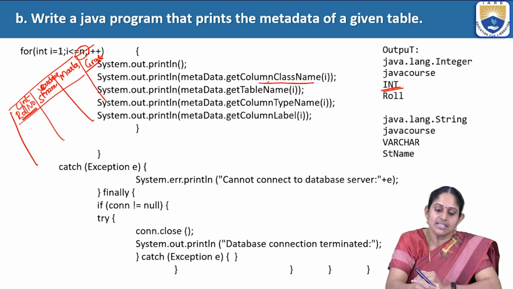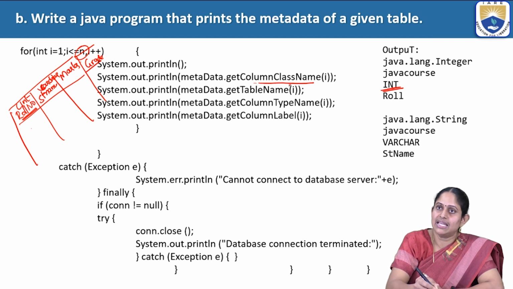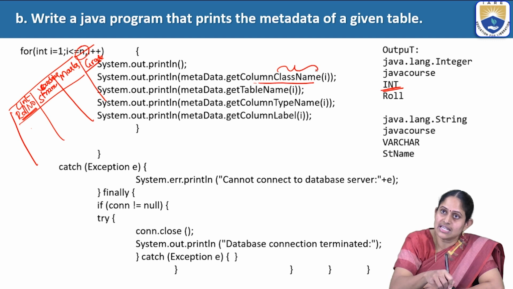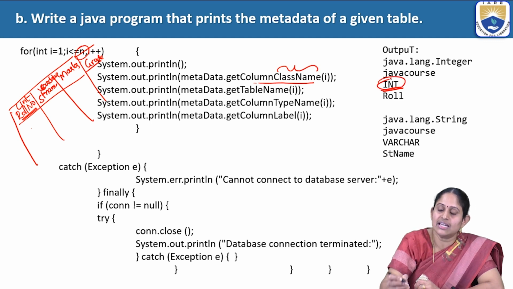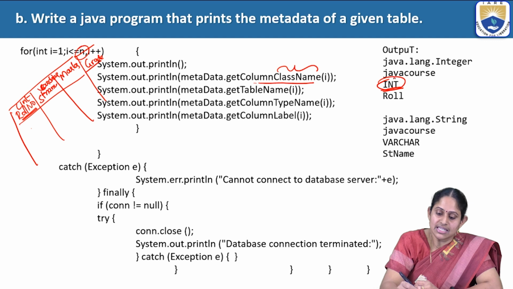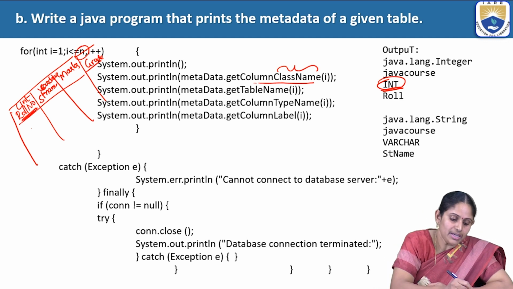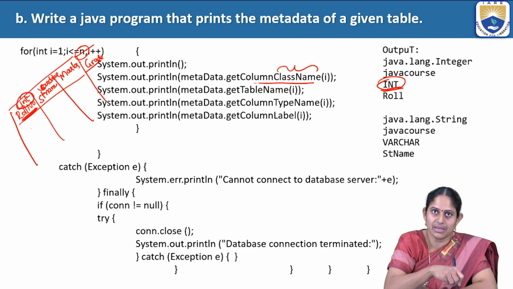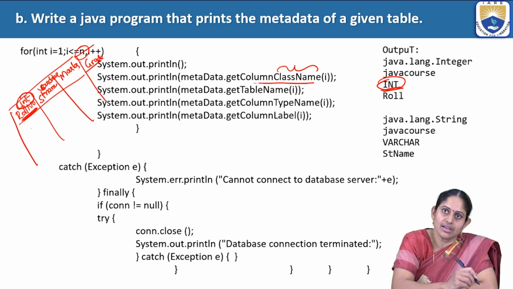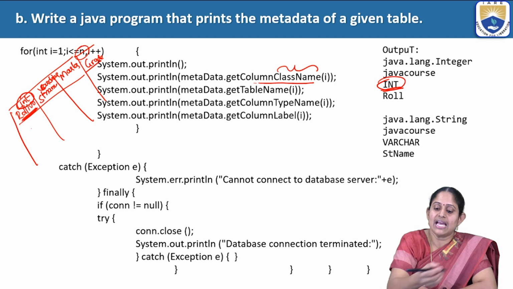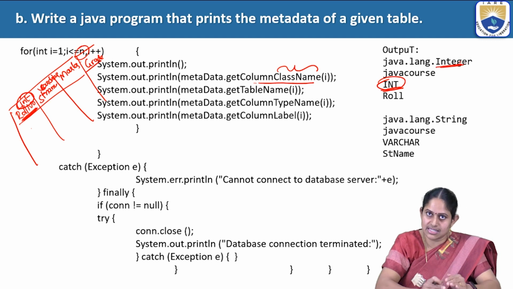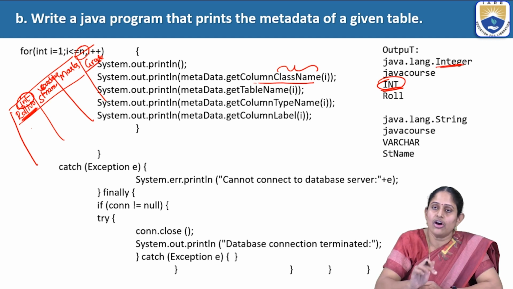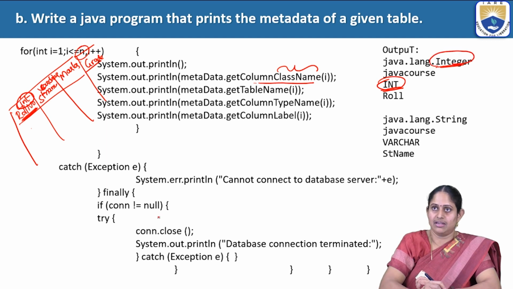So this getColumnClassName indicates it gets the class name of the result set for which this data is stored. That means since our first column, roll number, stores the value as integers in the database, it will be stored as integer in the result set again, and that integer belongs to the class Integer.